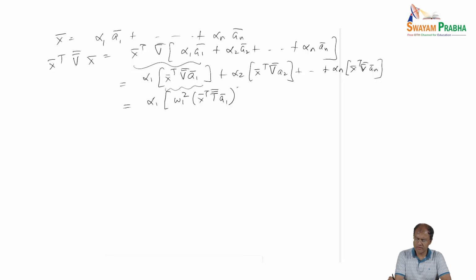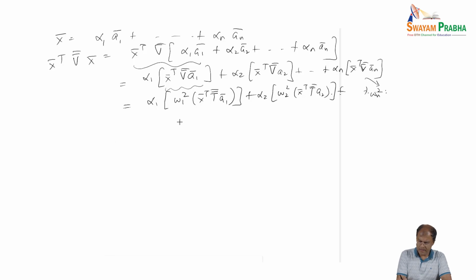That is coming straight from our normal mode linear algebra result. Then alpha 2 times omega 2 square times x transpose T a2, and so on, and the last one will have a factor omega n square.